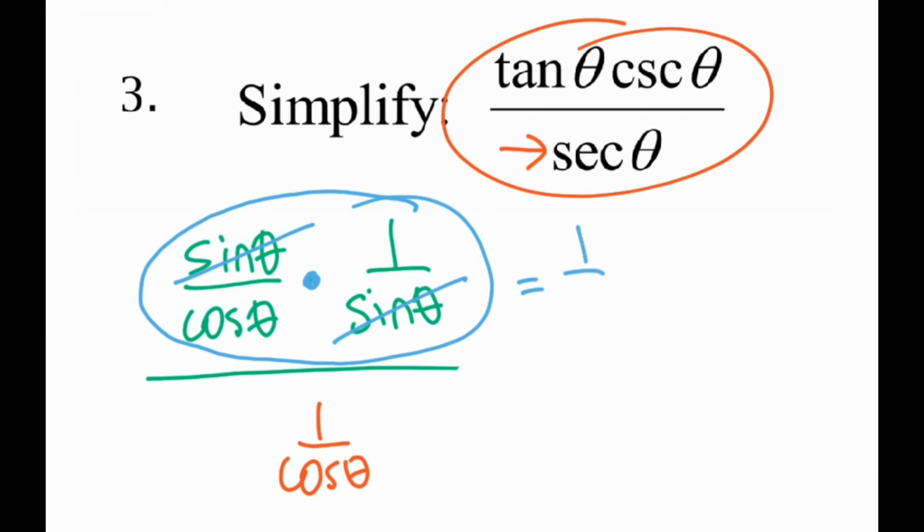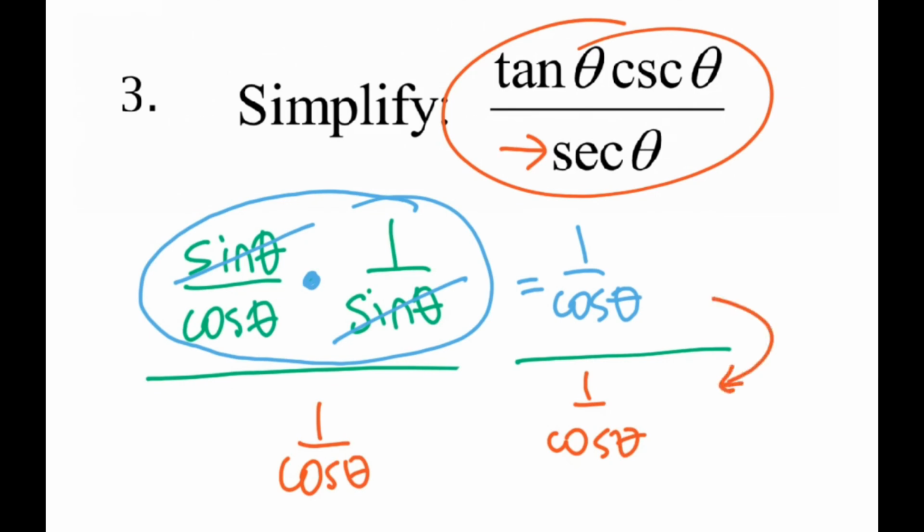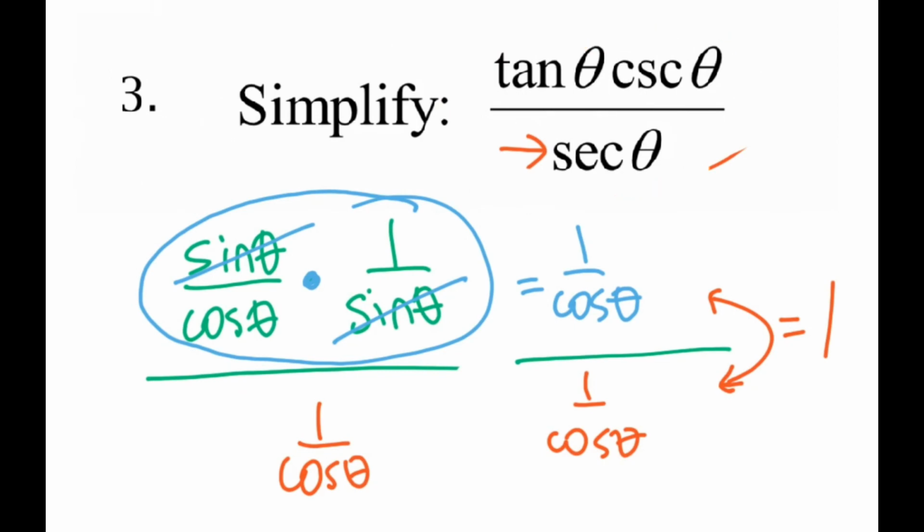So I have left 1 over cosine theta, and that's my numerator. Now come back to our whole fraction divided by 1 over cosine theta. Notice that I have something divided by itself, and any number divided by itself is 1. And so this expression that we had at the very beginning is equal to 1.